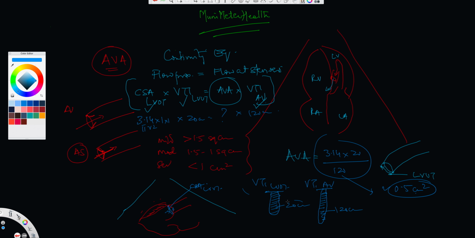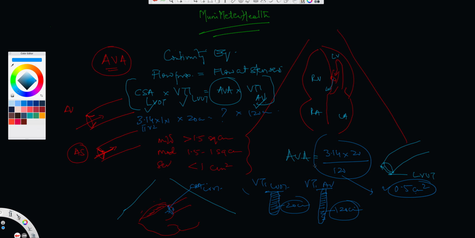Here we computed 20 centimeters, here we computed 120 centimeters, and the aortic valve area was calculated based on the CSA, which was already calculated as the diameter times half, which is roughly 1 centimeter, because the diameter was 2 centimeters at the LVOT level.